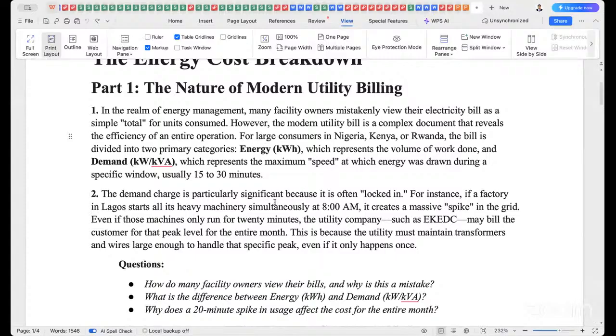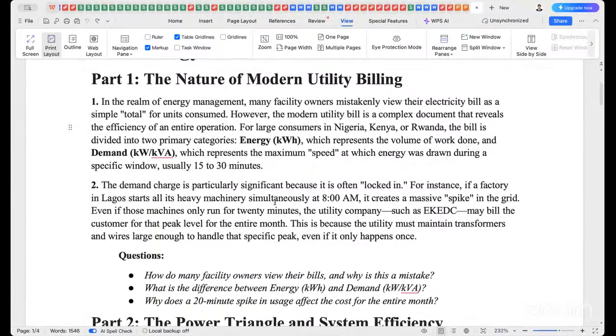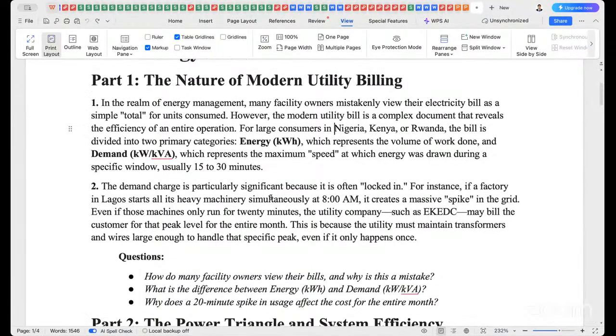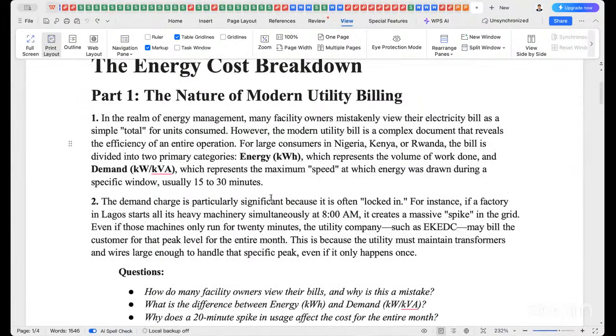For me, I would say energy is the total electricity a facility uses, the total amount of electricity used, and demand is, I think, how fast you use that electricity in a given moment. Thank you very much. And that is the answer.